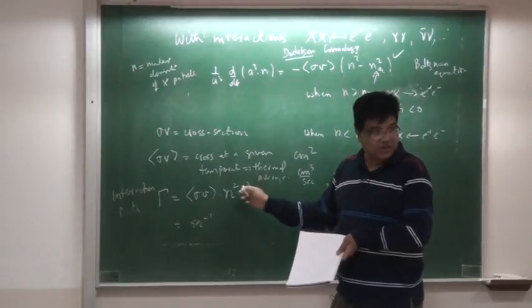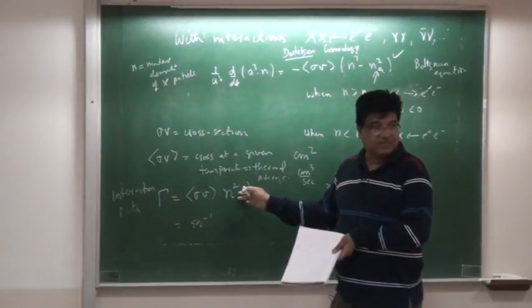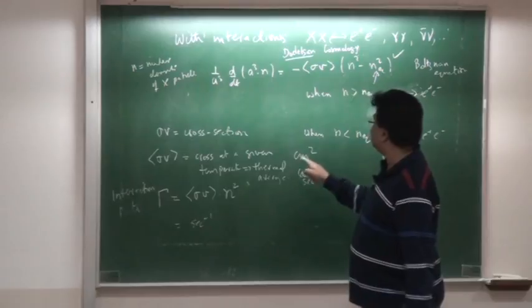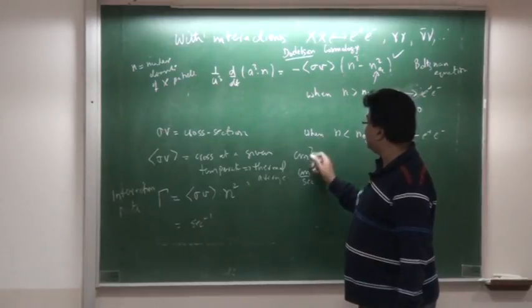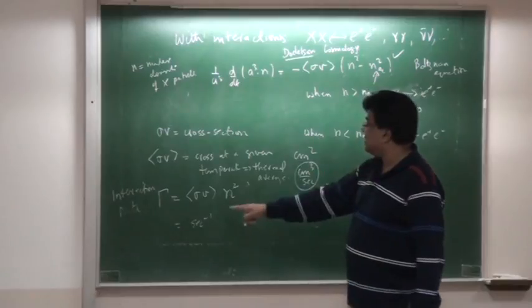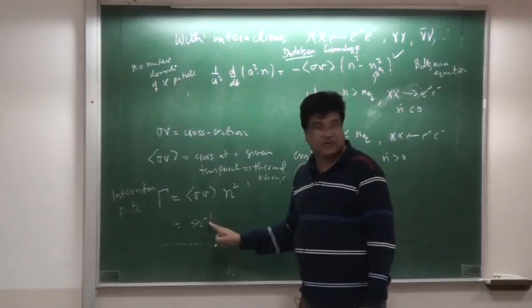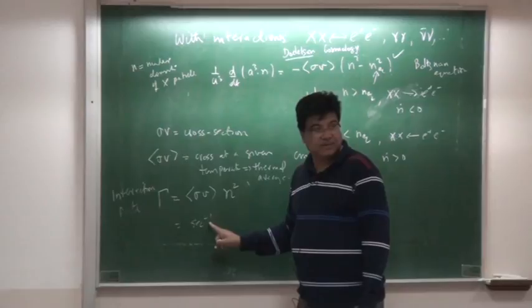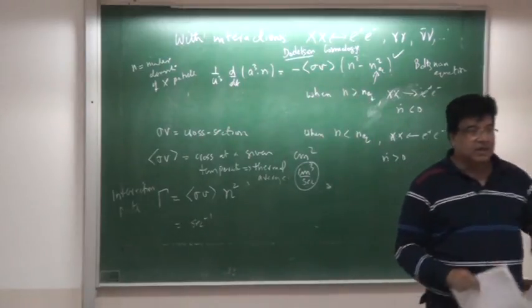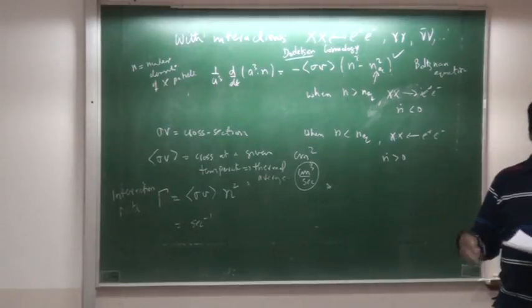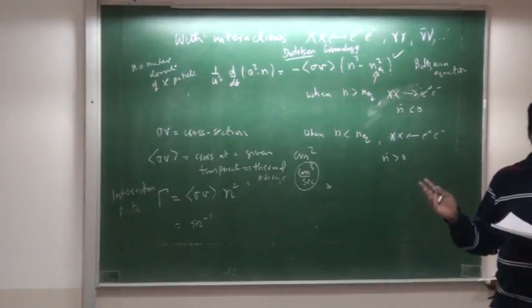If you work out the units, this is centimeter cube per second, and this will be just second inverse. The interaction rate is the rate at which the number is changing.